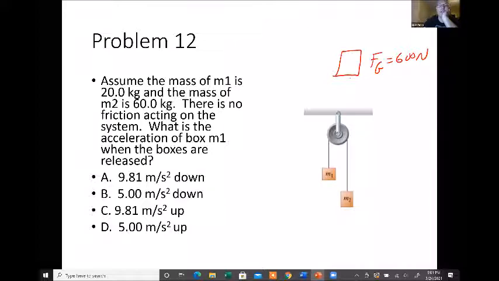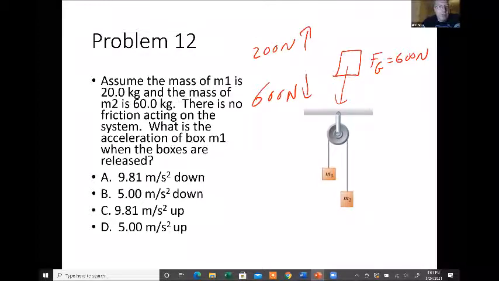And we know that that weight's pulling this way. We also know that the other mass is 20 kilograms or 200 newtons. And we know those two forces are pulling in opposite directions. So we have 600 pulling one way and we have 200 pulling the other way. Let's just think of it like this for right now.